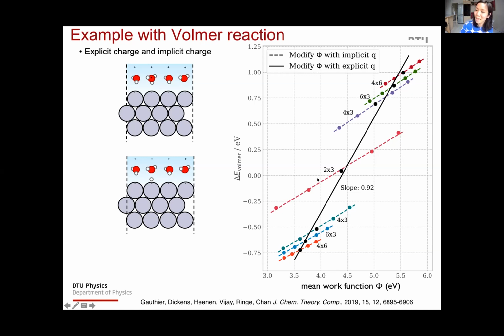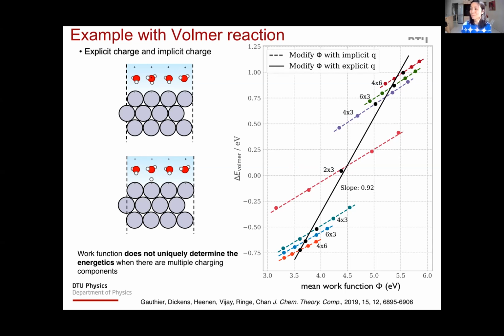And so depending on the amount of implicit and explicit charge, we can get very different results at a given work function. So when we're mixing charging components, the work function does not uniquely determine the energetics. It depends on the proportion of implicit and explicit charge.